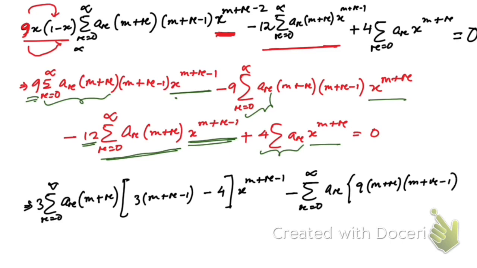Then on taking minus common, this is going to be minus 4. This summation part is taken common, summation r equals 0 to infinity, I forgot to write it here, a_r is also taken common, so that's going to be 4. And most importantly, x to the power m + r is also taken common, which is equal to 0. That is also what we have got.